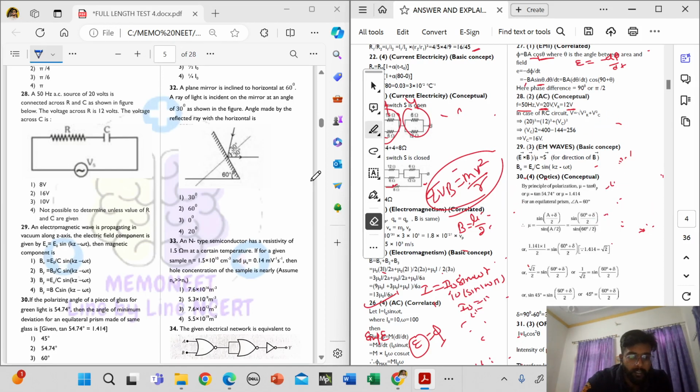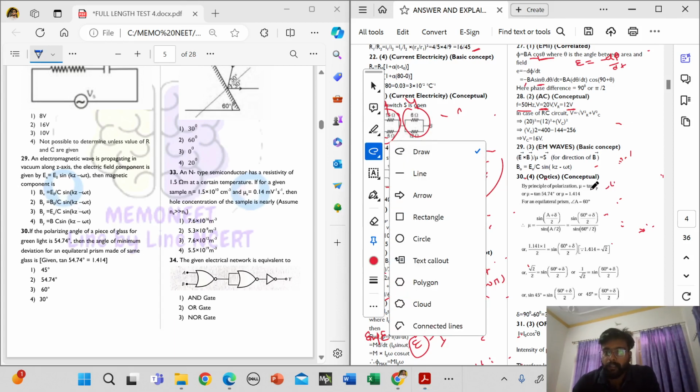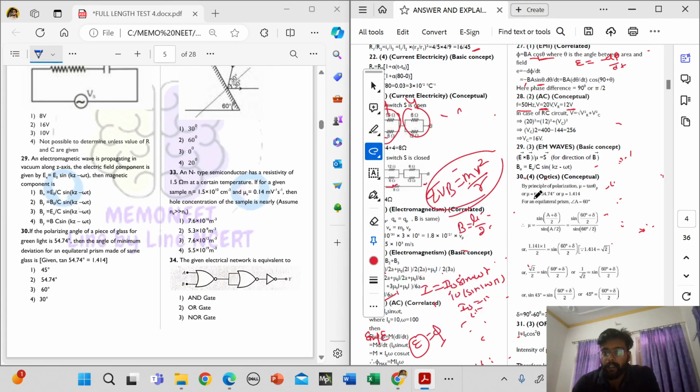Now, question number 30. The polarizing angle of a piece of glass for green light is given here as 54, and we need the angle of minimum deviation for an equilateral prism made of the same glass. See the solution here. We have been given the value of the polarizing angle.